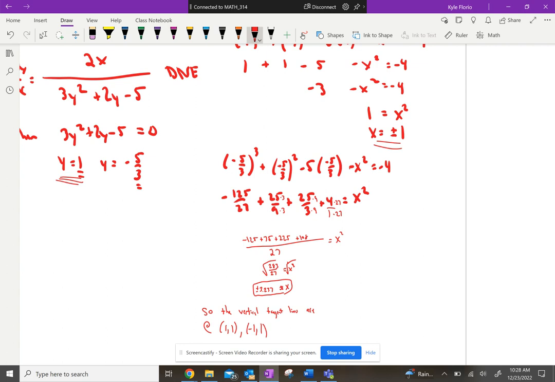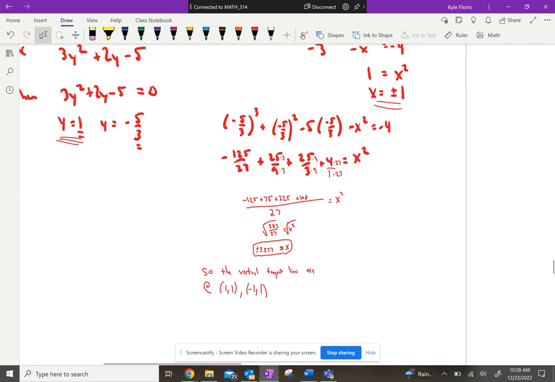And then when y took on the value of negative 5/3, we had 2 different x values. So when x is positive 3.237 and y is negative 5/3, and when x is negative 3.237 and y is negative 5/3.